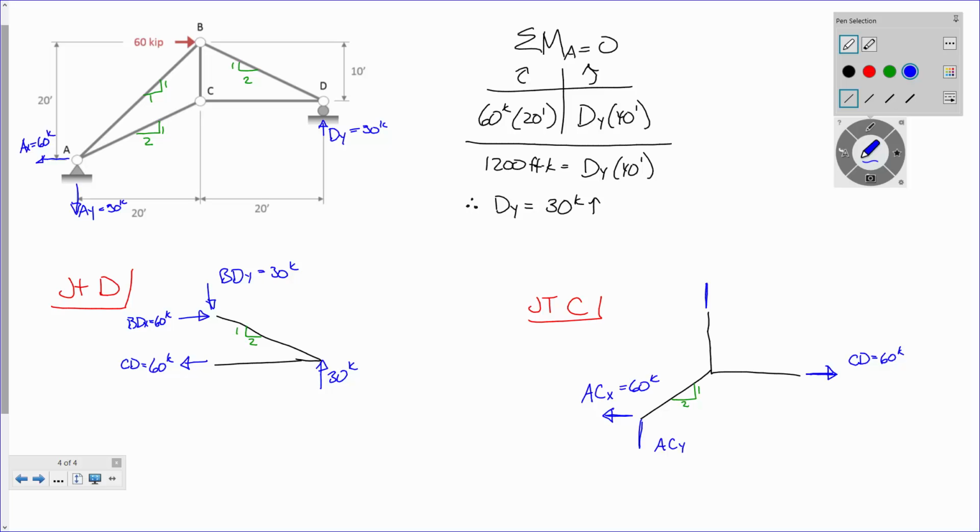And if that is 60 kips, what's going on with A_CY? And if I've got 30 kips going down, what's going on with BC? This isn't too complicated, is it? Simple stuff, isn't it?